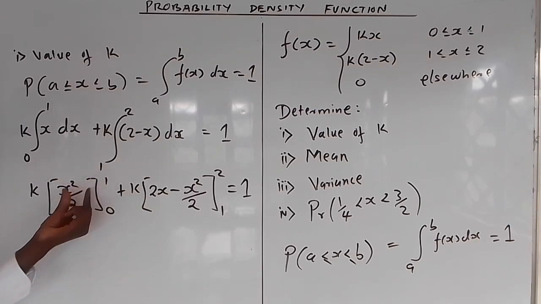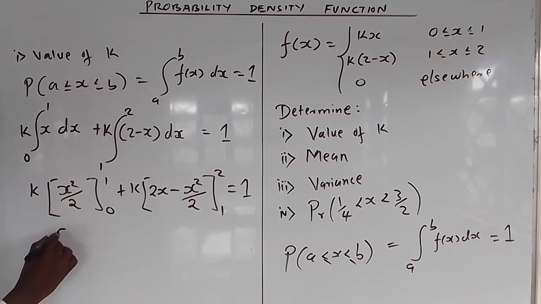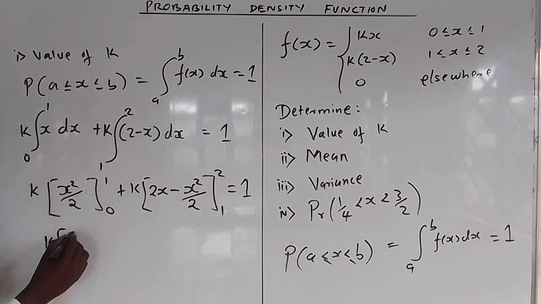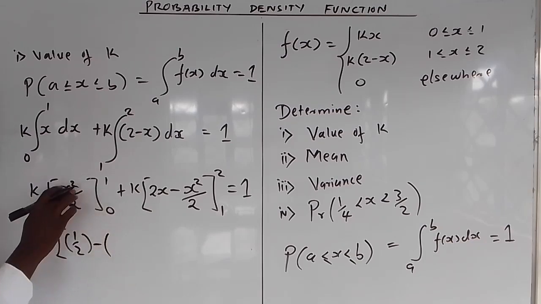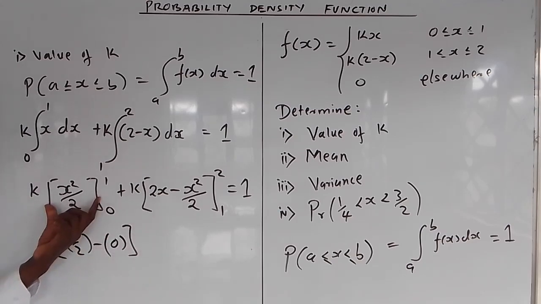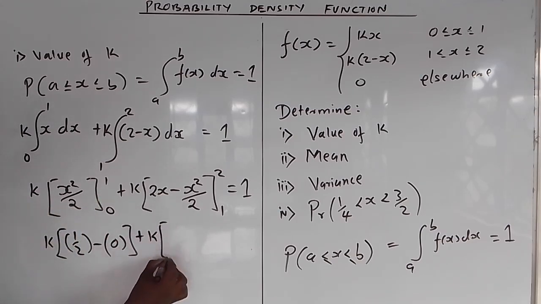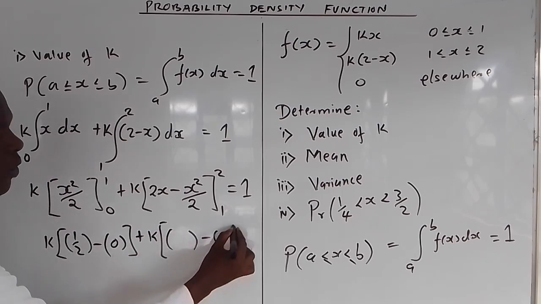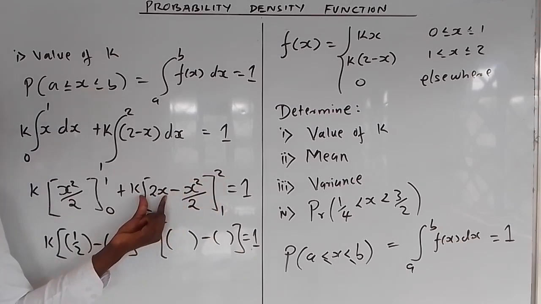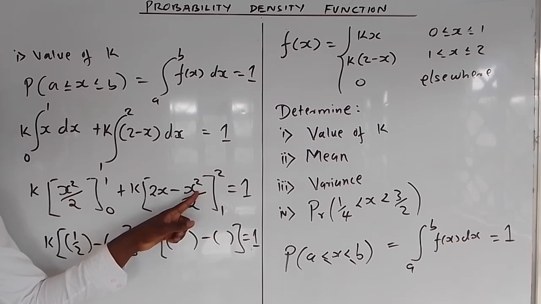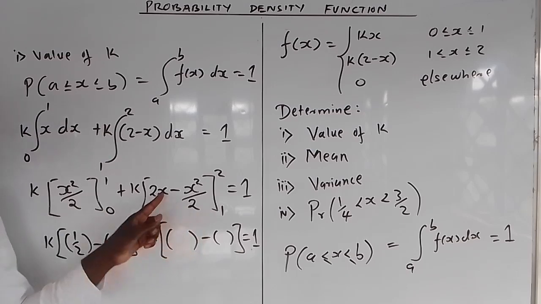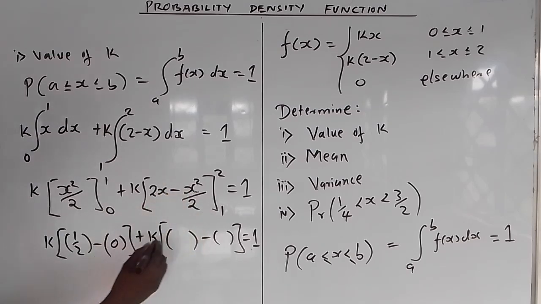Start with the first bracket. When you put x to be 1, it is 1 squared over 2, a half, minus the lower limit: when x is 0, 0 squared over 2 is 0. Then for the second part, put in 2: 2 times 2 is 4, and 2 squared over 2 is 2, so 4 minus 2 is 2.